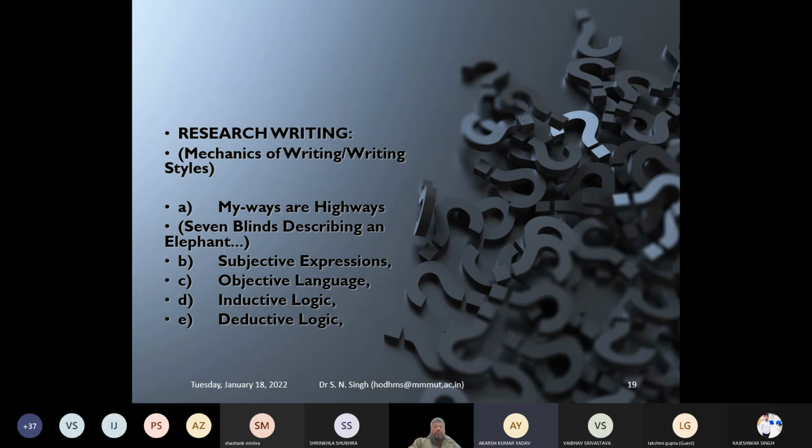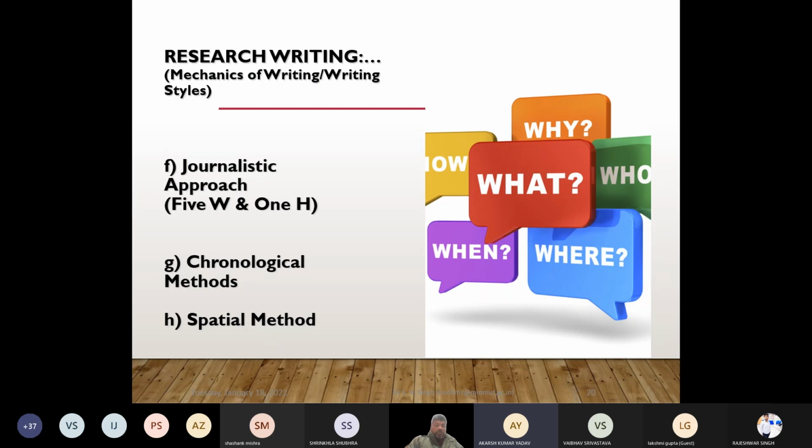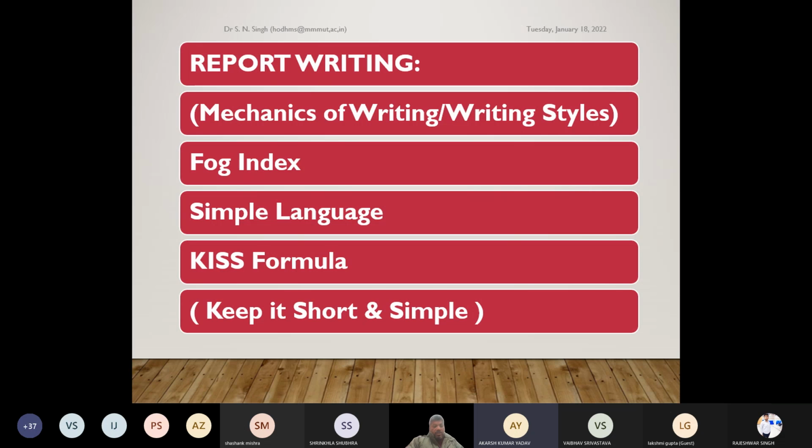We began with my ways or highways, and then we came to the subjective expression, then objective expression, then inductive logic, then deductive logic, then journalistic approach, then chronological method, and then spatial method. Then we moved to the what to do. These are the multiple methods you have been introduced to.